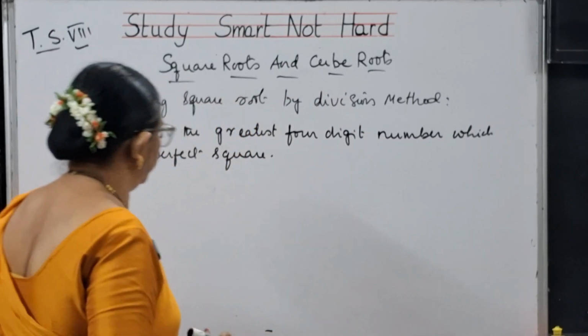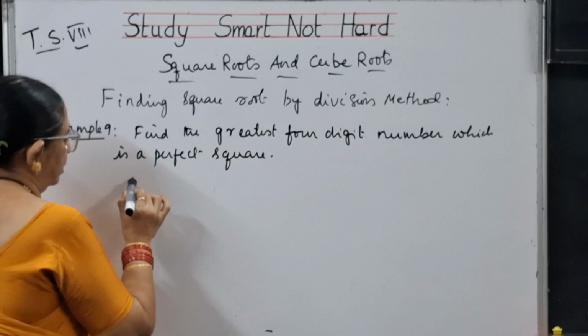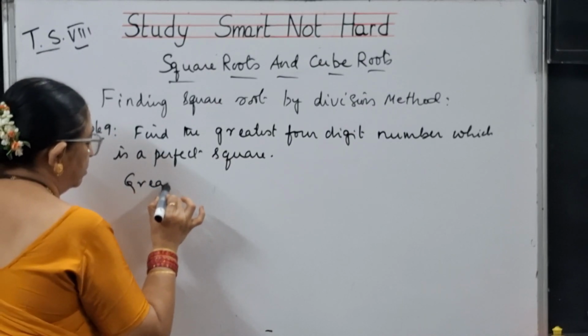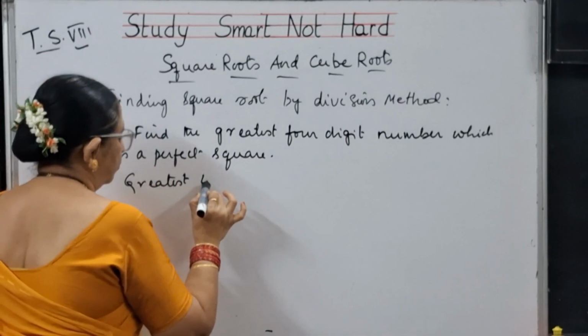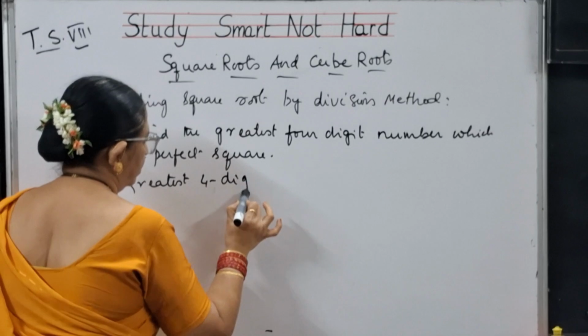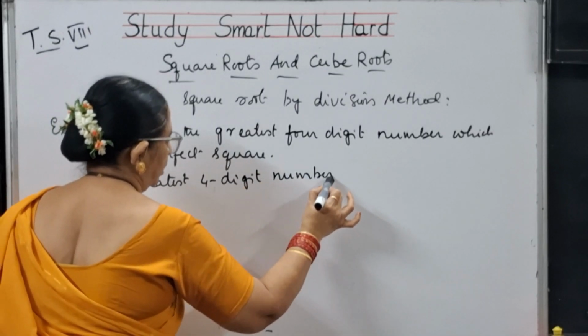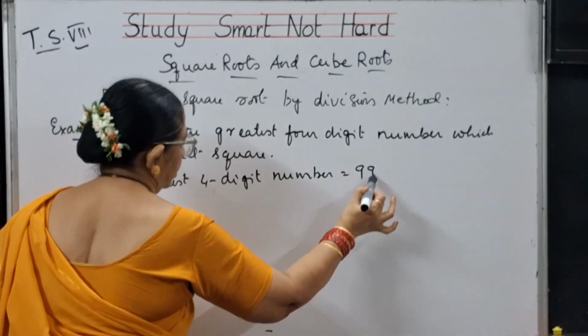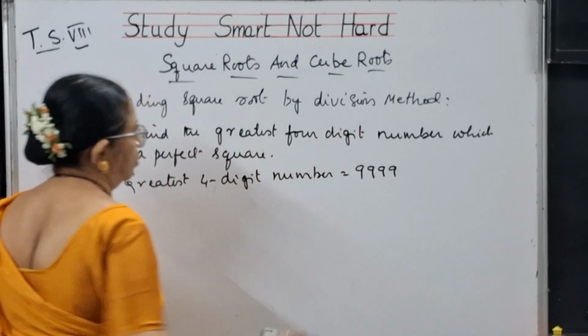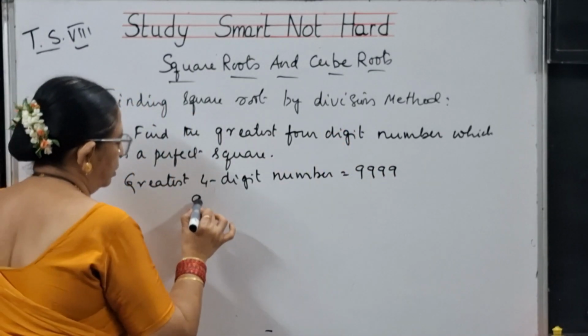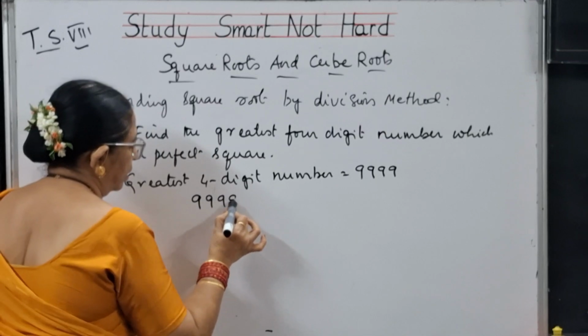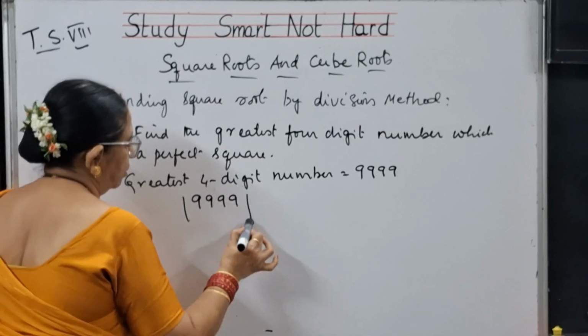So let us see the procedure. First we will write the greatest 4-digit number you have to take. It is 9999. Now you take that 9999 and find the square root.